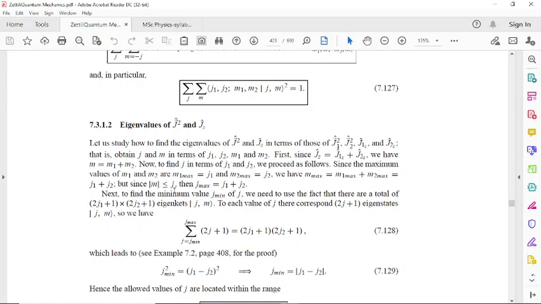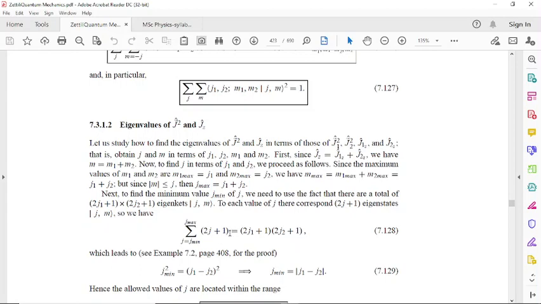Since the maximum values of M1 and M2 are M1 maximum equal to J1 and M2 maximum equal to J2, we have M maximum equal to M1 maximum plus M2 maximum equal to J1 plus J2. But since modulus of M is less than or equal to J, then J maximum equal to J1 plus J2. And we can write summation J equal to J minimum to J maximum, 2J plus 1 values are there.